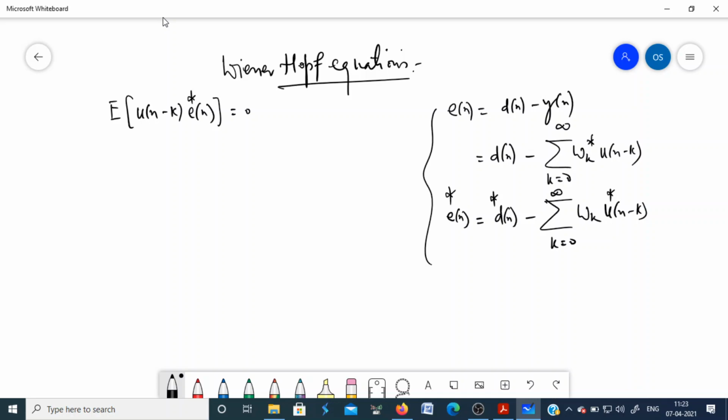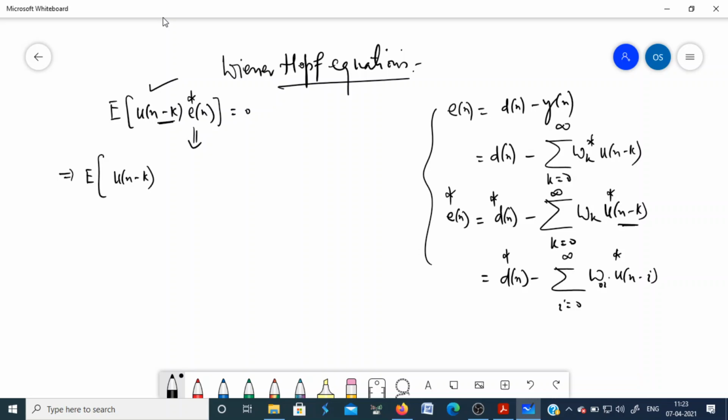If I put this conjugate here in this equation, this equation will become the expectation of u(n minus k), and since we have already used the variable k here, we will use a different variable for the summation. Suppose in place of k, I use i, so I can write it as d*(n) minus the sum from i equals 0 to infinity of w_oi into u*(n minus i), where o is for the optimum filter.